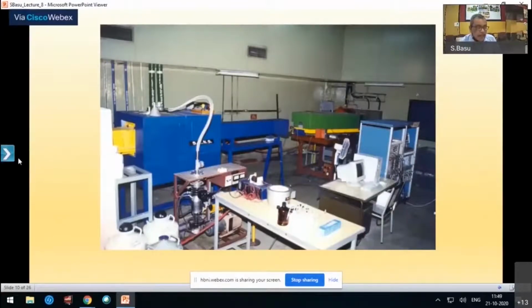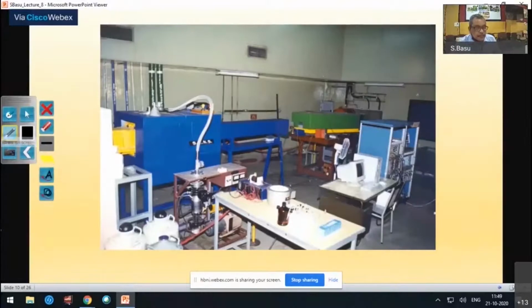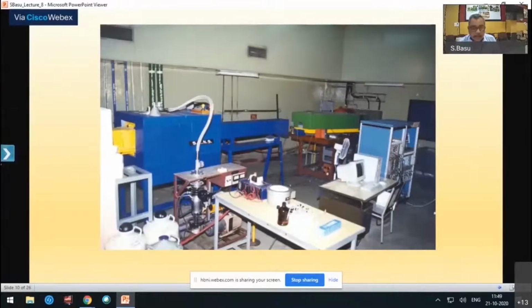Let me just quickly tell you that the neutron beam flows down the guide, and this is a shielding, inside which at the back there is a one dimensional position sensitive detector which detects the scattered neutrons over an angular range.